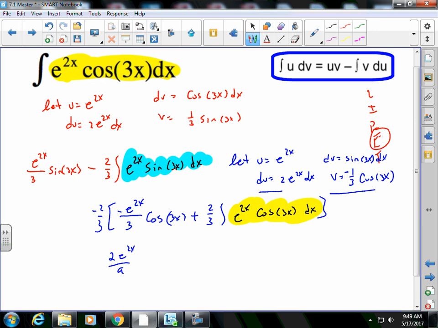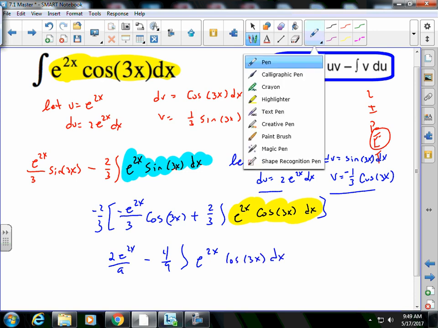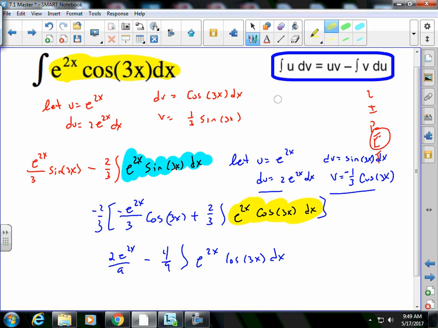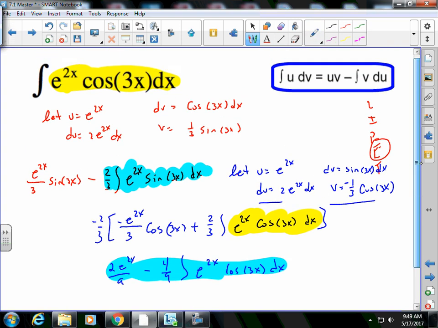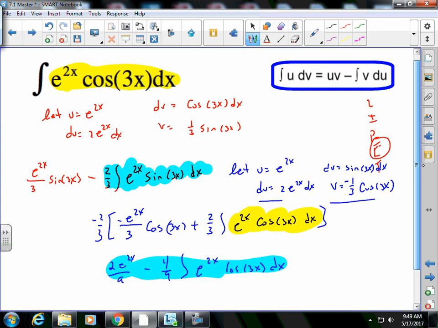And then I have the negative 2/3 times this, which is a minus 4/9 times the integration of e to the 2x cosine 3x dx. So I've distributed, going back here, this is now taking care of all this. So I need to add back everything, including the original integration symbol.